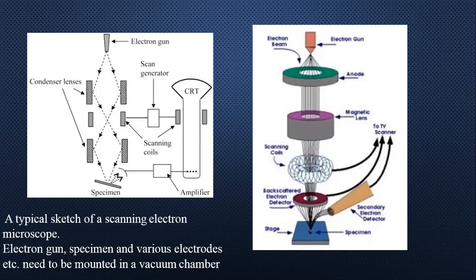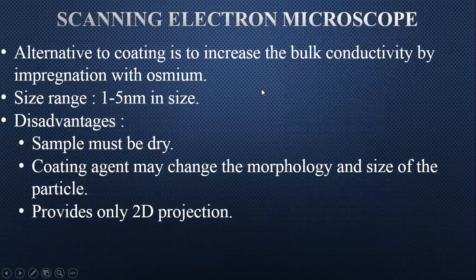If we want to observe a wet sample, we need to dry it first and then use it in a scanning electron microscope. This will cause distortion of its shape. So this is the typical working of the scanning electron microscope.